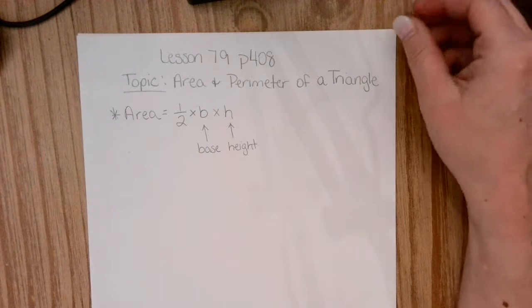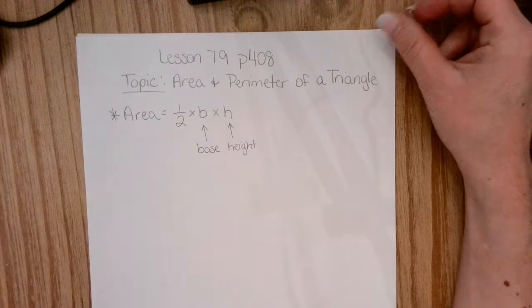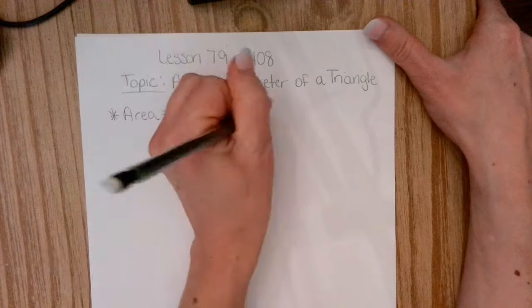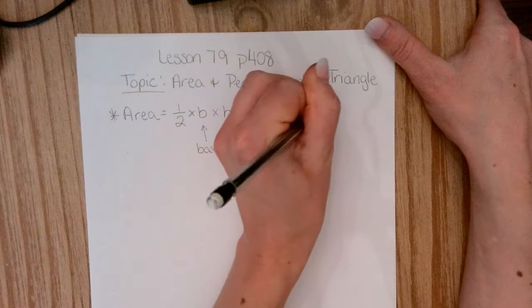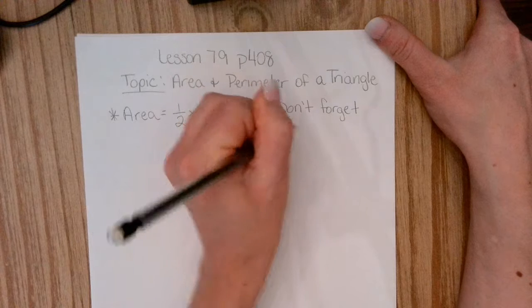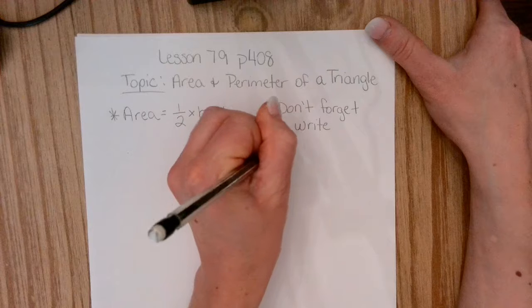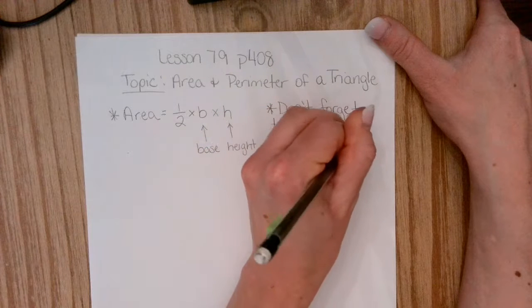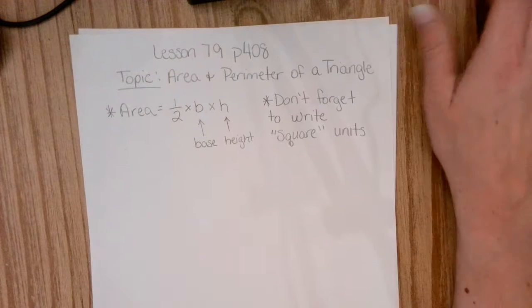And because it's area, we need to make sure that we include the correct label, so it would be the label that it gives you plus the little 2 to represent square. So I just write right here, don't forget to write square units.